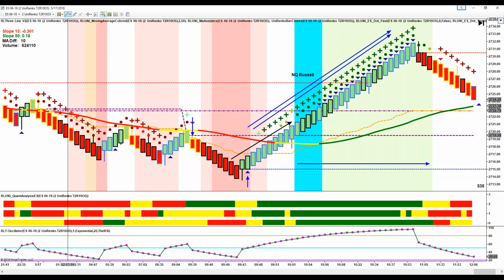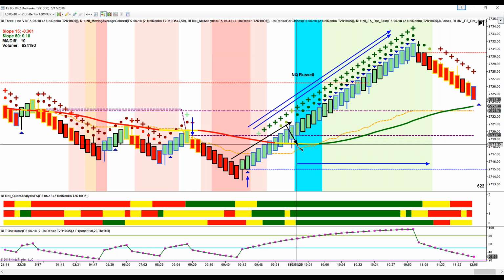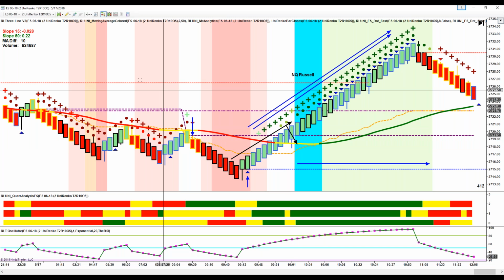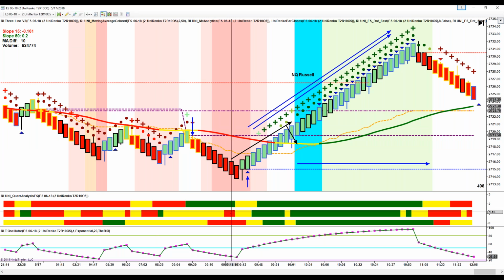You look for the pullback, and you get it right here. There's that wick that comes back into the trade and traverses the 50. And you know that you can take a trade on an up trade with a big lower shadow. So there's your perfect entry: your move through, your pullback in price to the 50, and then your continuation trade.